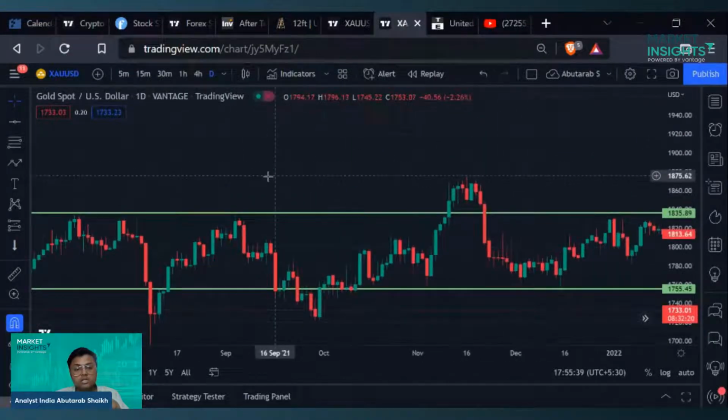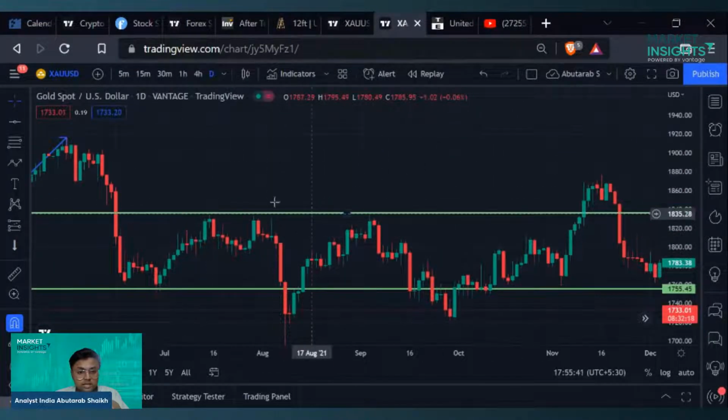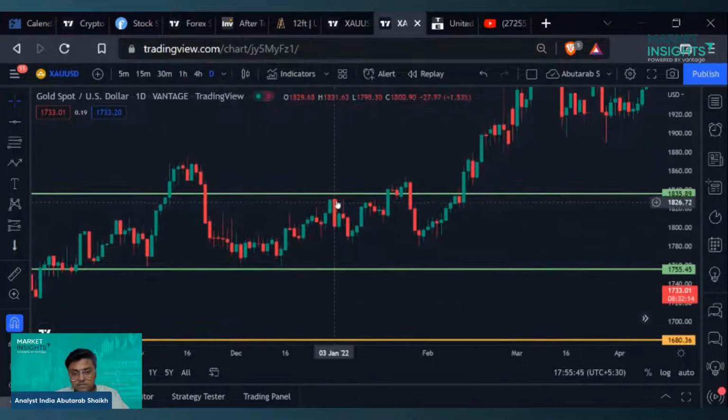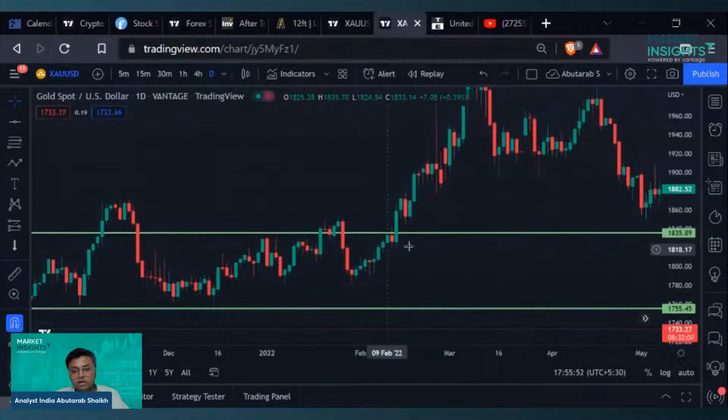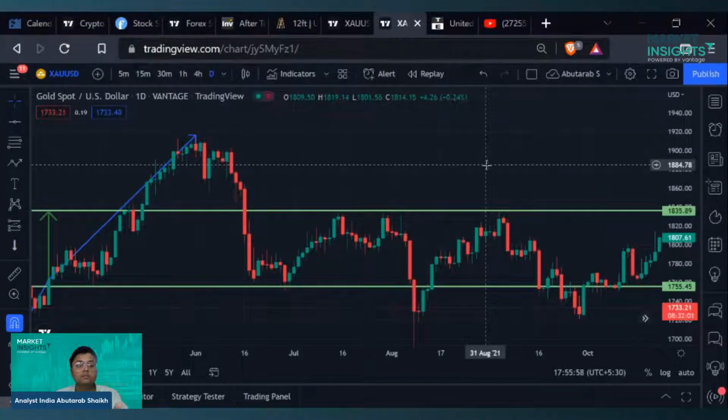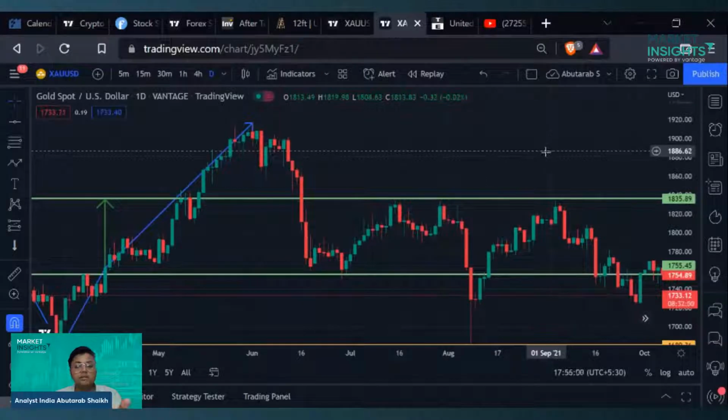For more than 6 months I'm using this line in order to gauge where the resistance is going to be. Now this is a false breakout, this is also a false breakout, but this one is a strong breakout. Now I'm going to show you how to basically judge whether it is a fake breakout or a true breakout.